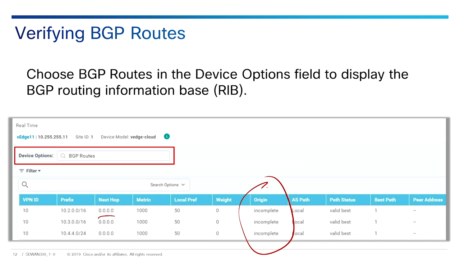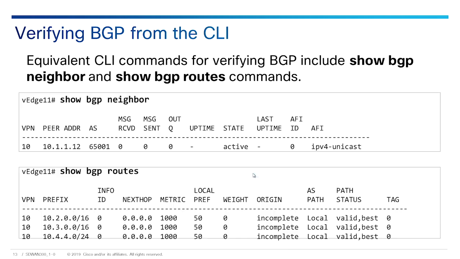And when we do, you'll see that some routes are going to be showing up in your table, but not actually inserted. And we'll talk about why that happens. Okay? And then we have the same CLI commands, show BGP neighbor and show BGP routes, which are going to be the same ones. Yeah, that incomplete bothers me. These screenshots are probably from a lab environment where they weren't actually really up. So anyway, let's see.